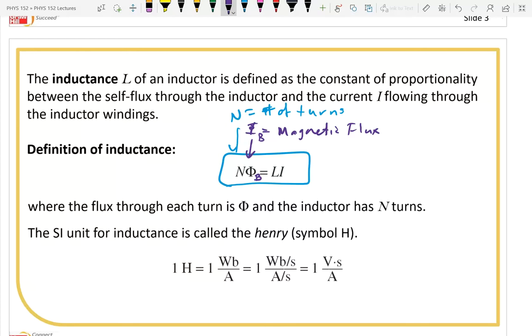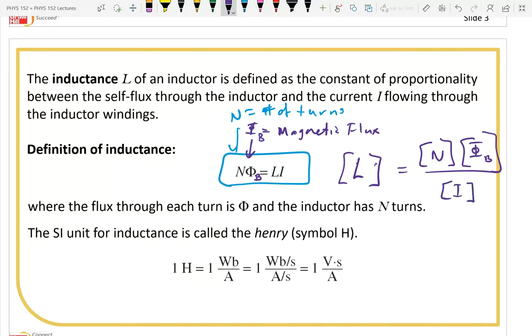And so we can figure out the units just by taking this relationship. This is technically how you show that the units of henries is equal to the units of turns times the units of magnetic flux divided by the units of current. What are the units for turns? It actually turns out there are none.